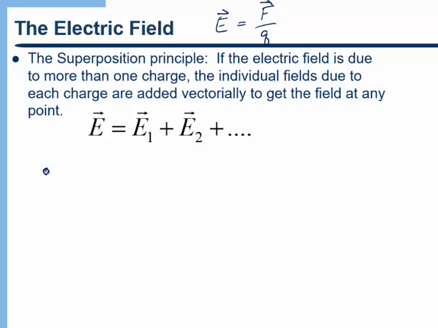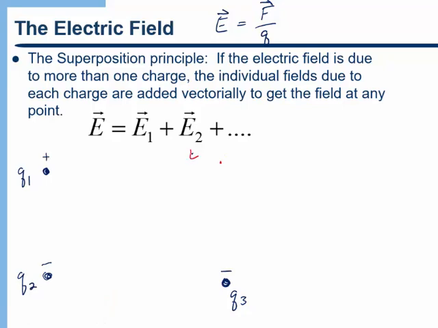Let's say that I have a positive charge, Q1, and down here, let's say I have a negative charge, Q2, and let's say right here I've got another negative charge, Q3. And I want to know what is the electric field right here at this point in space.